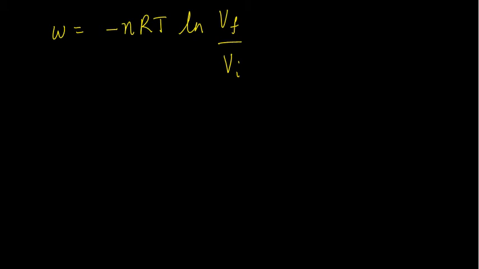And since it's an isothermal process, delta U is 0, right? Everything that is lost is heat. Yes. You need to lose some heat when you do it in an irreversible manner.